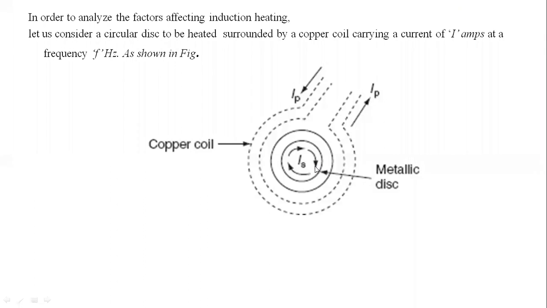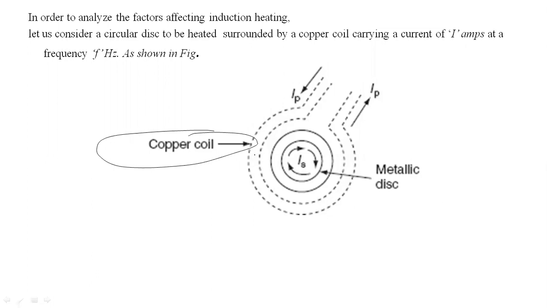This metallic disc has been surrounded by a coil, made of copper. Here, I have passed current through this coil. Then what will happen? The copper coil is an electrically conducting material.